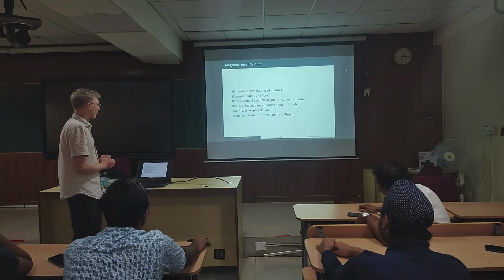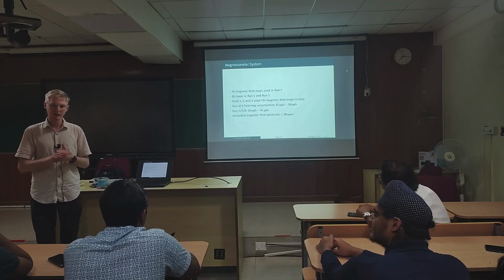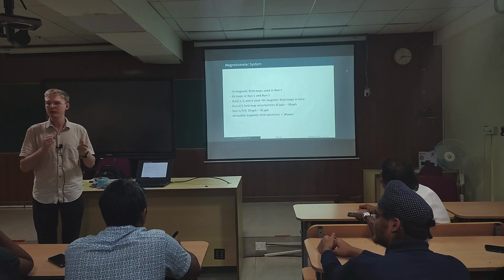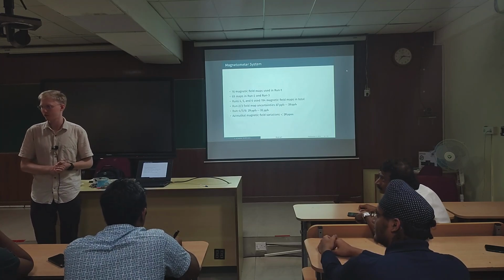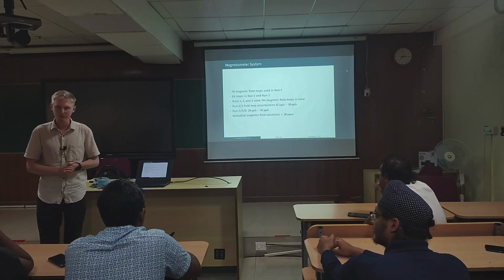Okay, so now we know that with this trolley we can map out the field, and then of course the natural question is how many field maps do we actually need to perform the measurement? In run 1, they chose to use 16 field maps. Okay.